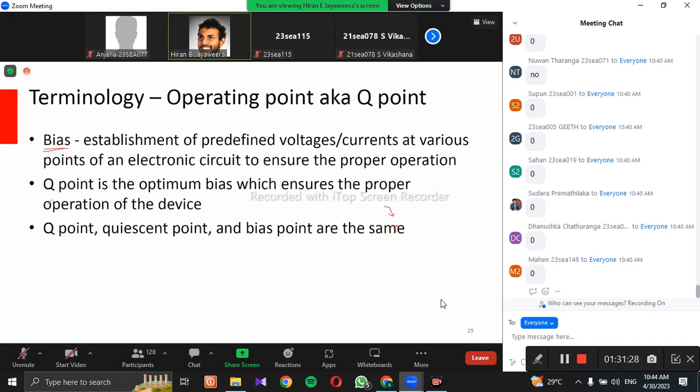Okay. Then we have the quiescent point, or the operating point. That's the optimum bias, which guarantees the proper operation of the device, right? So the Q point, we need to fix it to a certain level, that's the operating point. But for the Q point, you need to make sure that it corresponds to different voltage and current values, right?